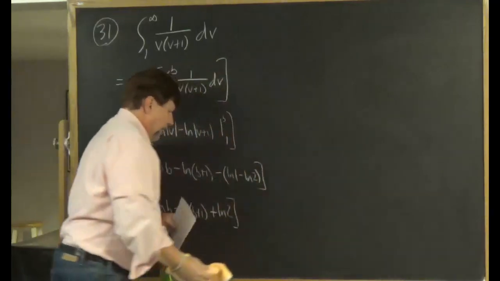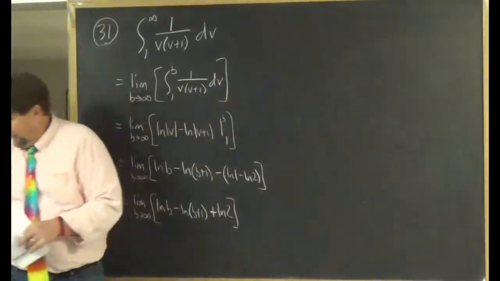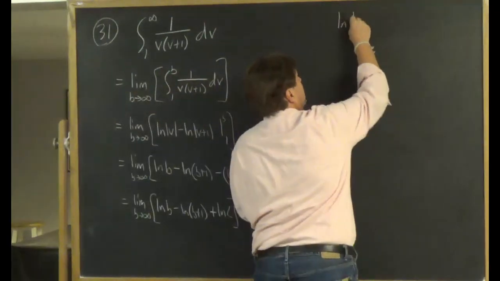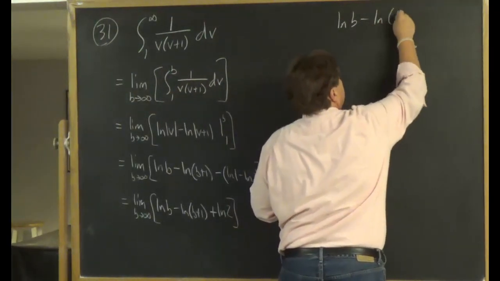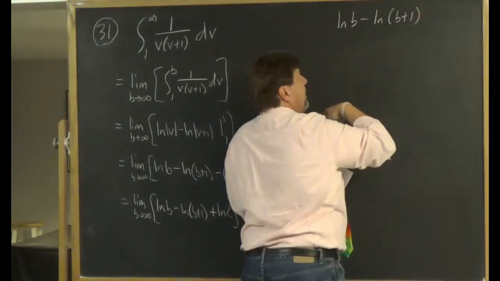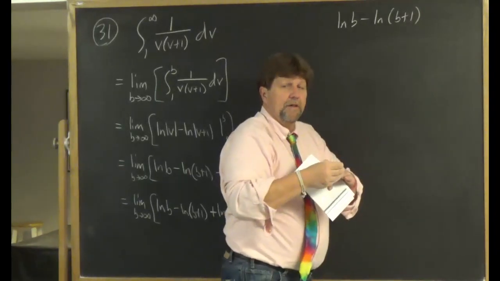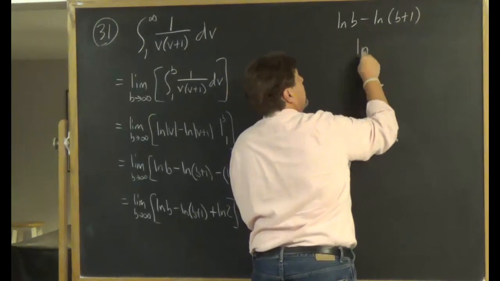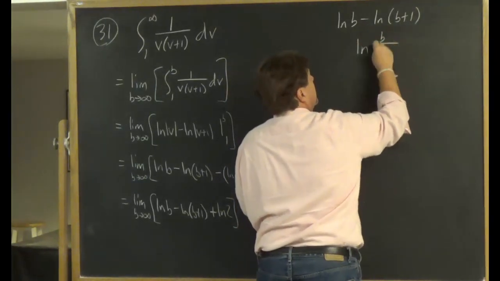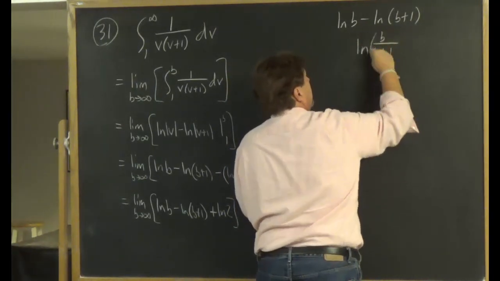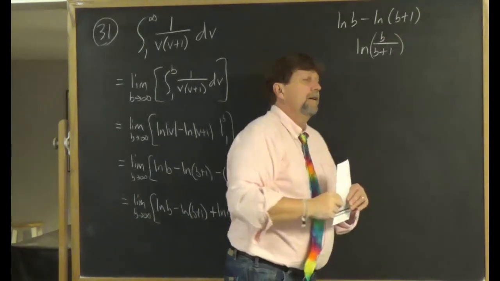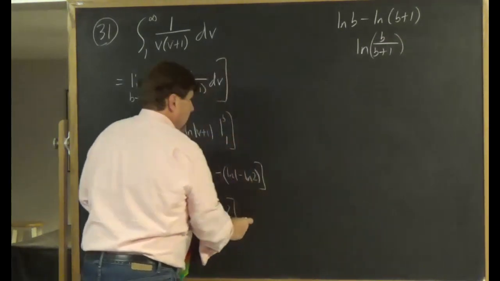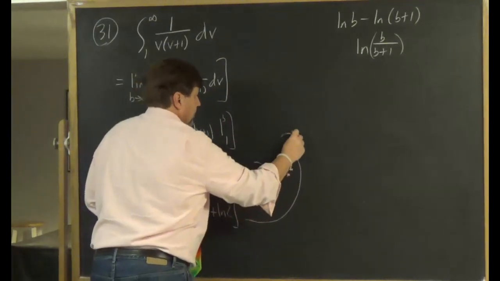So we have an infinity minus infinity. Just for those natural log terms that are giving us problems, I think we need to use a property of logarithms that says subtraction can be rewritten as division. So the natural log of b over b plus 1.